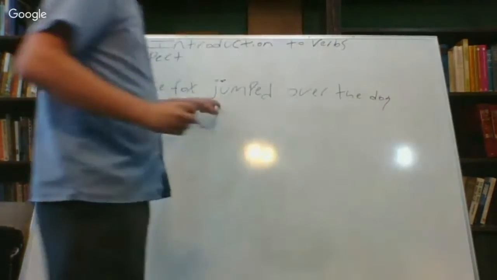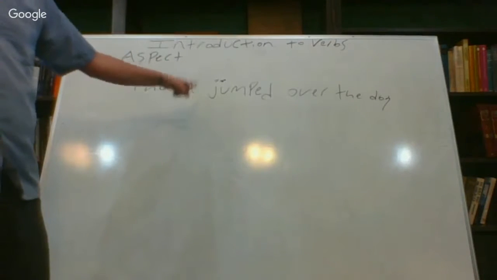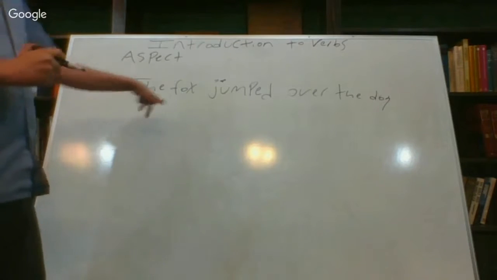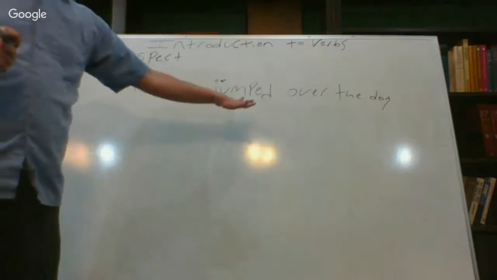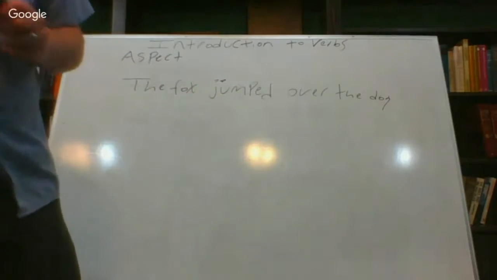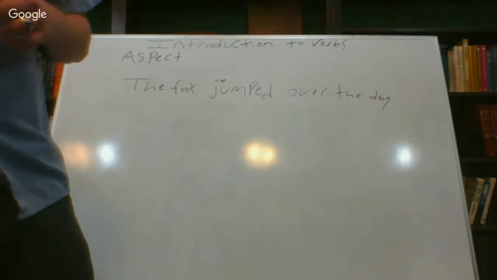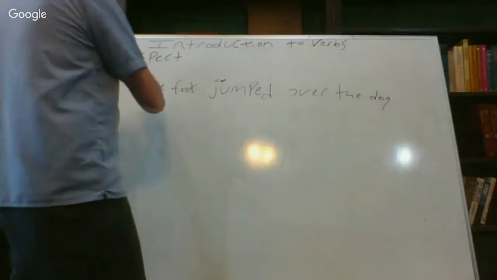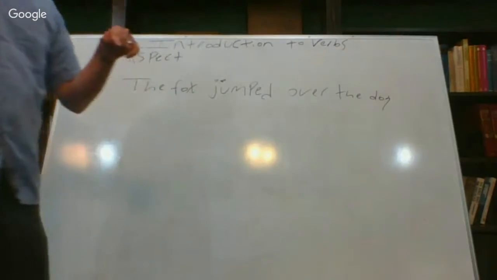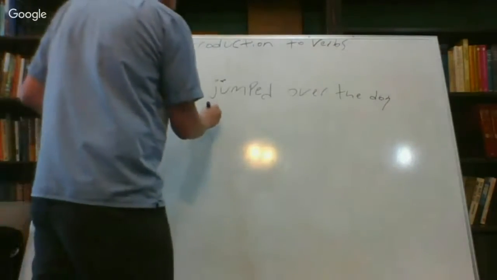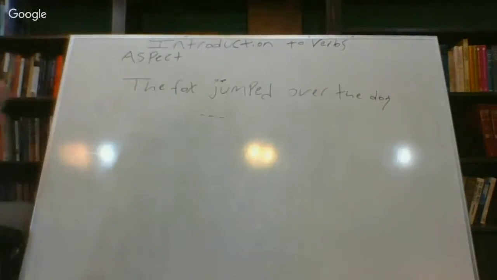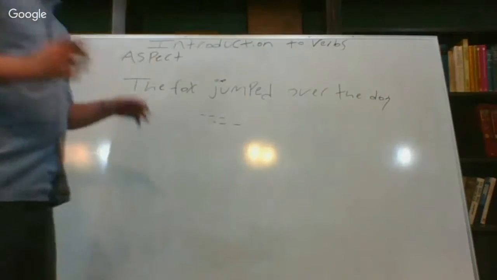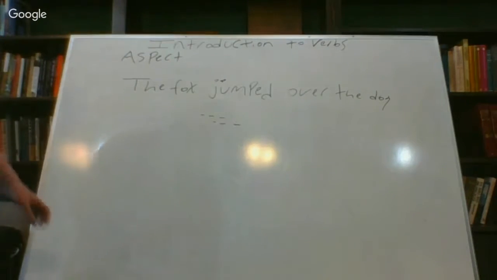And so the aspect is going to be the verb, and we can change the verb, which we've already done, and we can see how the aspect changes, how the fox in relation to the dog is going to be changing. And so kind of what we see here, if we were to say the fox was jumping over the dog, we would see kind of a past tense continual. The fox is jumping over the dog would be a present tense continual. So this is kind of the idea of aspect.